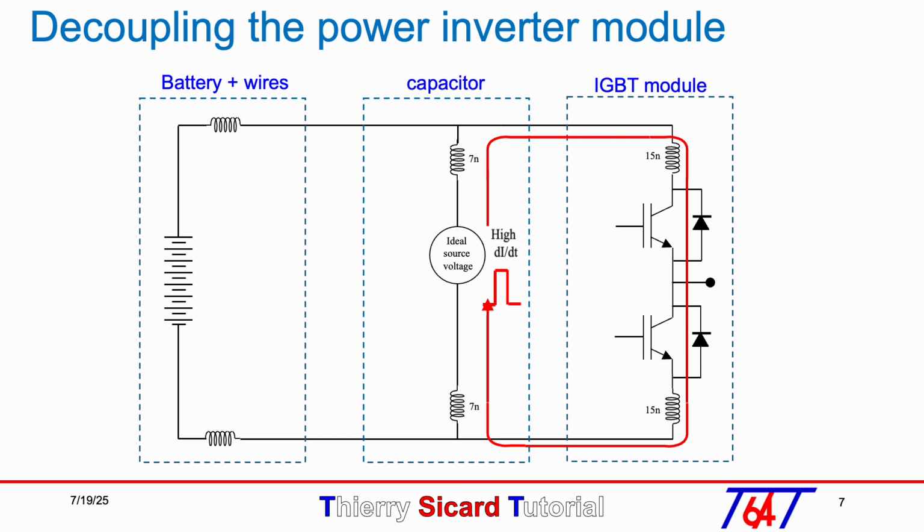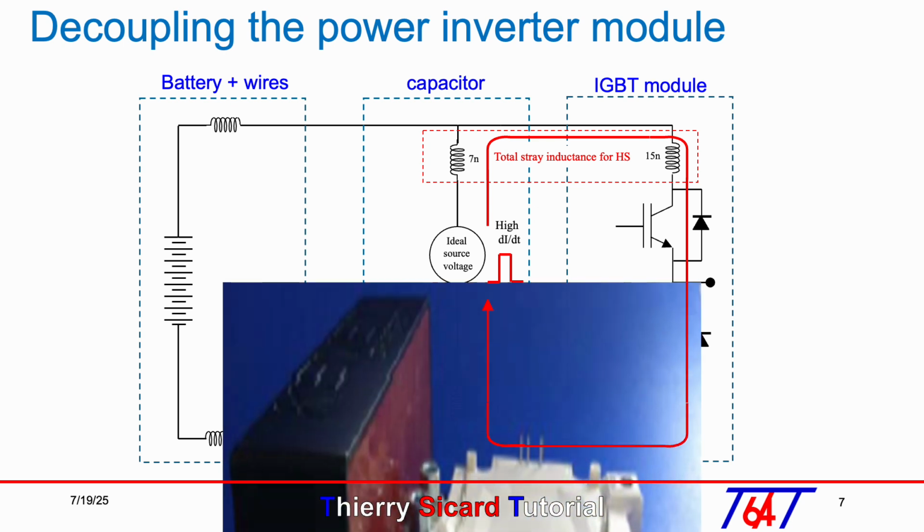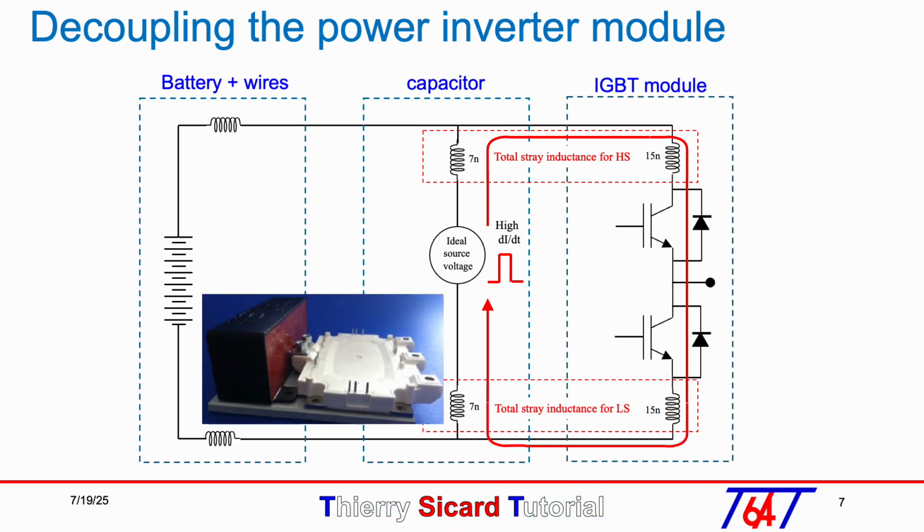The total parasitic inductances of the power supply are shown in the dotted red box and are equal to 7 plus 15 nanohenry. However, to minimize these additional parasitic inductances, the capacitor should be connected as close as possible, as indicated by the red circle and bold red lines.